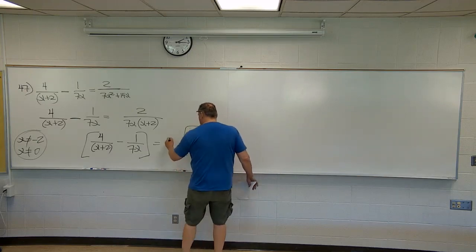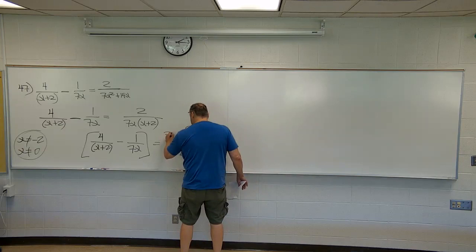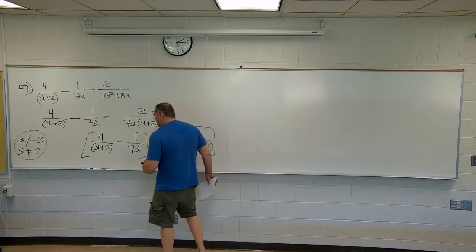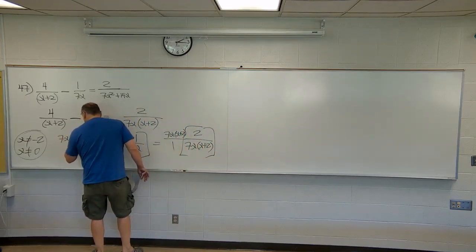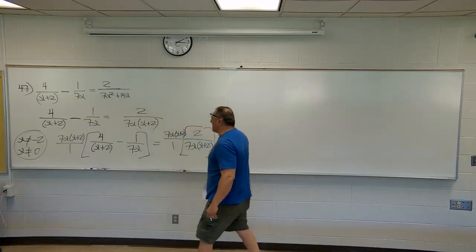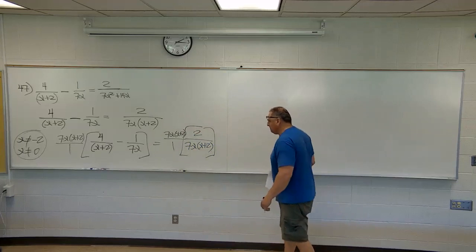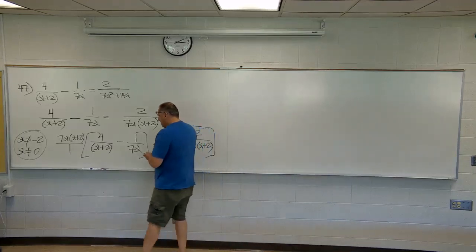I'm going to multiply by 7x times the quantity x plus 2 over 1. That's just a placeholder for me. I'm going to multiply by both those on each side.